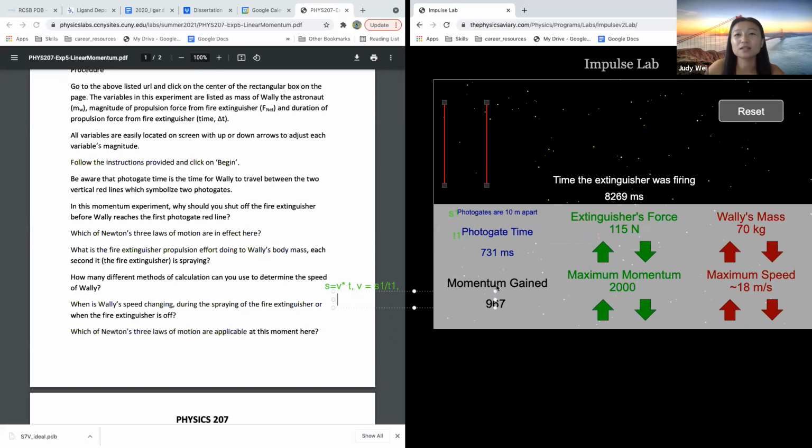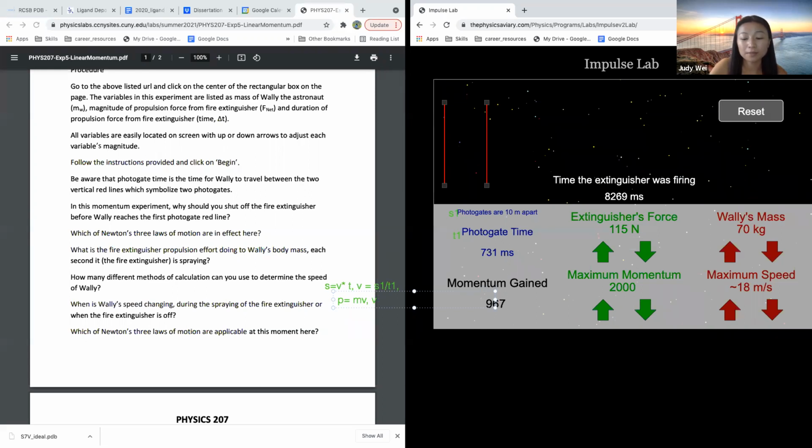And the second way is the momentum gain. Let me just check. So for the momentum, we know p equal to mv, right?